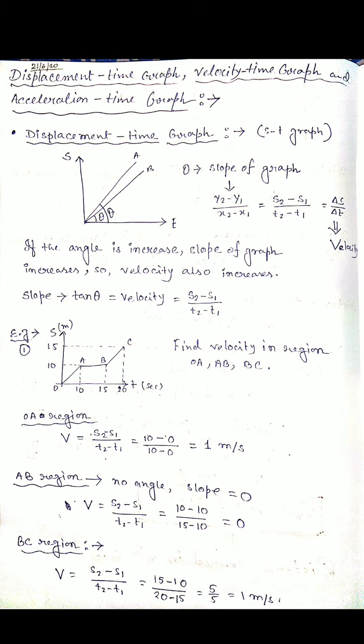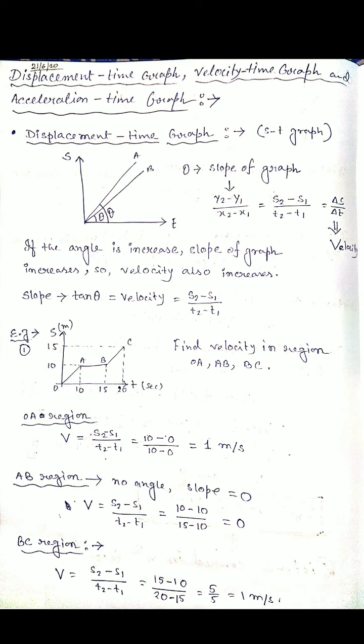The slope does not change with time. So for OA, A is the final position and O is the initial position. How do we find the velocity? S2 minus S1: A value for S2 is 10 and S1 is 0, and for the T axis 10 and 0. So (10 minus 0) by (10 minus 0) gives us 1 meter per second.